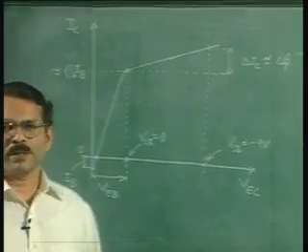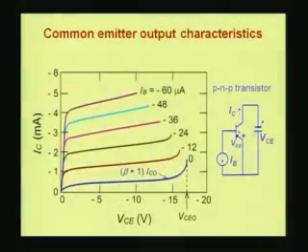Now in our slide here we do not find that much of increase in current. You take any one of these lines. So supposing you take the line corresponding to 36 microamps IB, the increment in the collector current from this point to this point is much less than what we have estimated here in the solved example.